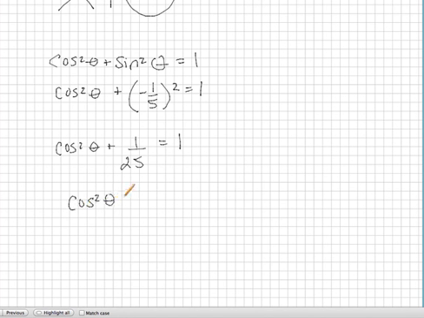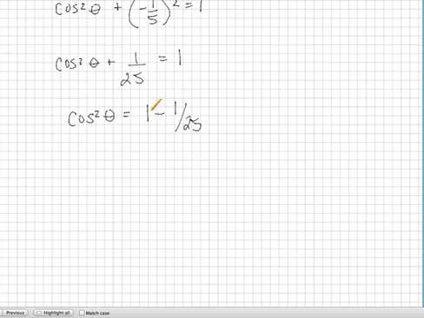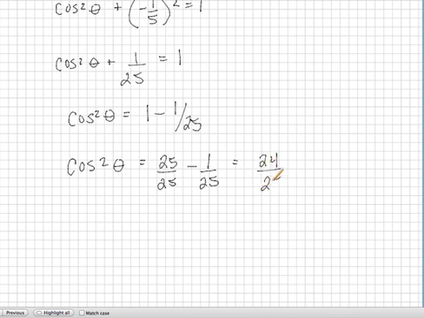So we get cosine squared theta is equal to 1 minus 1/25. We've got to multiply this 1 on the top and the bottom by 25 so that we can get a least common denominator. So 25 over 25 minus 1 over 25 is equal to cosine squared theta, which of course you know is just equal to 24 over 25.